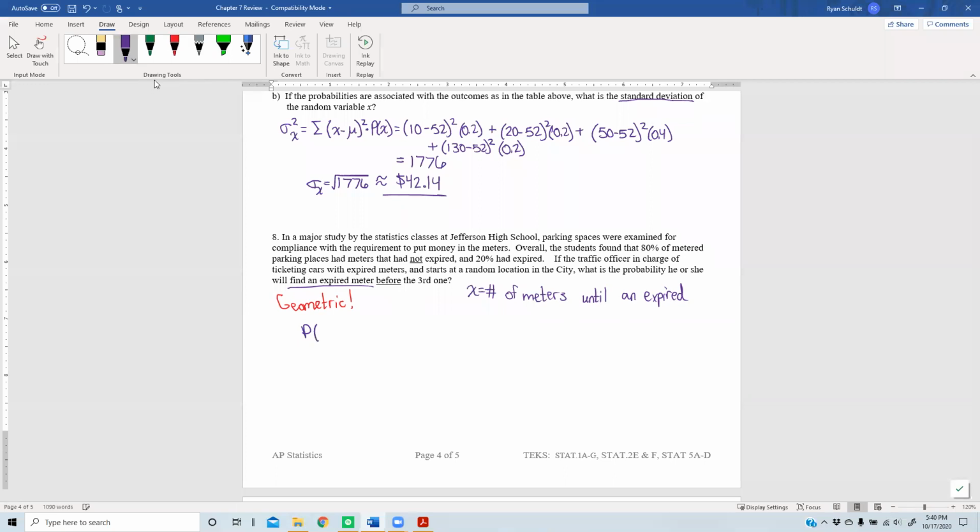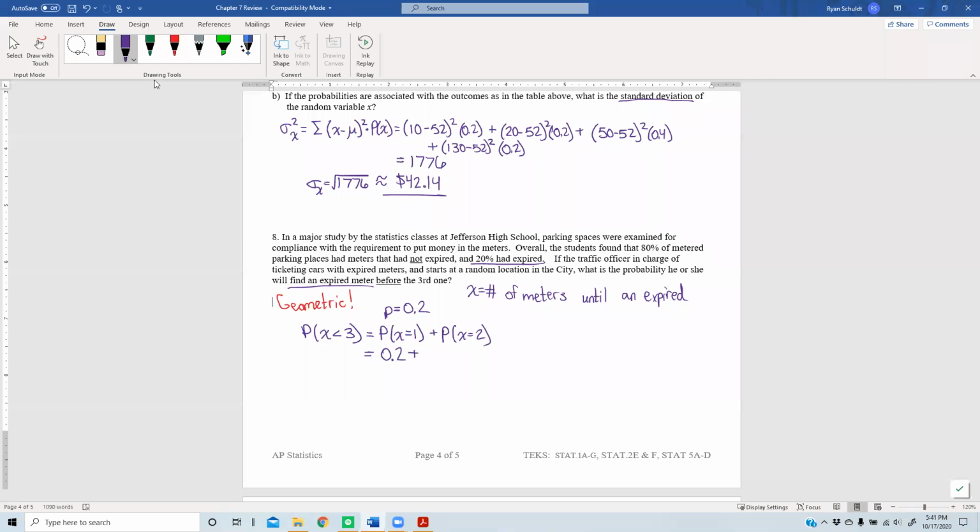So the probability that X is less than 3 is what they want us to find, which is the probability that X equals 1 plus the probability that X equals 2. Well, what is the probability of a success? So P is equal to, well, it says 20% expired, so 0.2. Well, probability that X is equal to 1 is just 0.2.